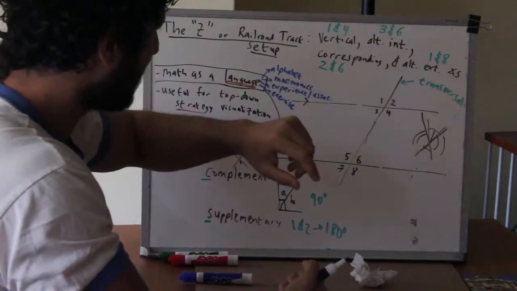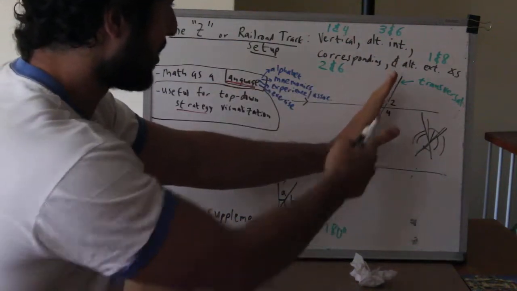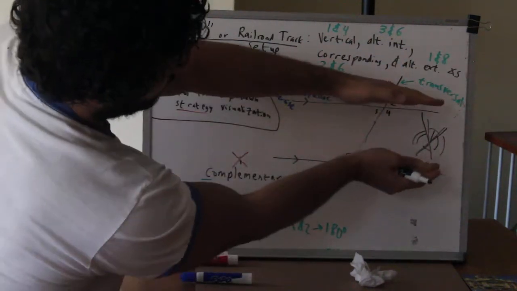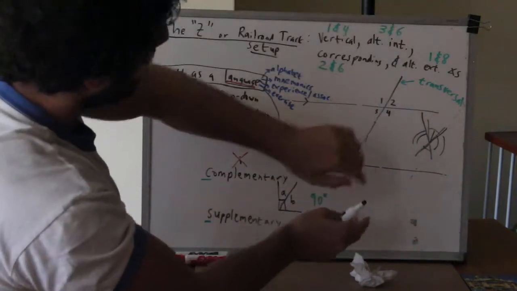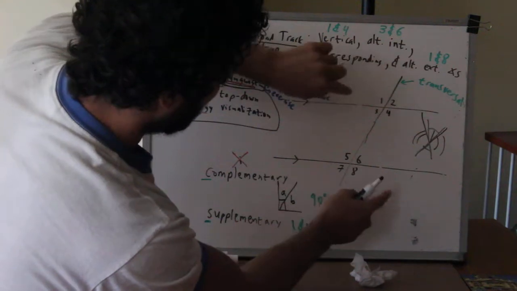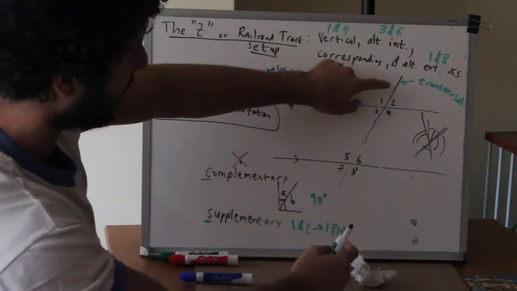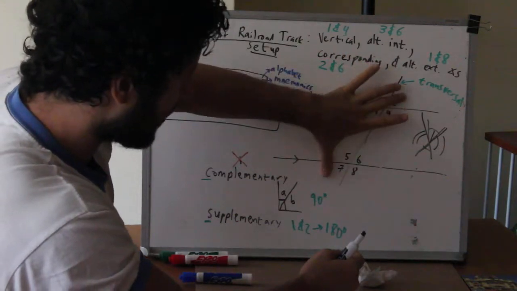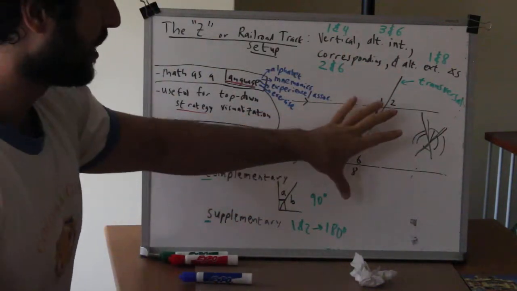Next, alternate exterior angles. Again, alternate means on either side of this transversal, and exterior means exterior to these tracks. So that means here. 1 and 8 would be on the outside, and you could tell visually they look like they have the same value, and indeed they do, as do 2 and 7. All right, so I'm going to leave this part there.